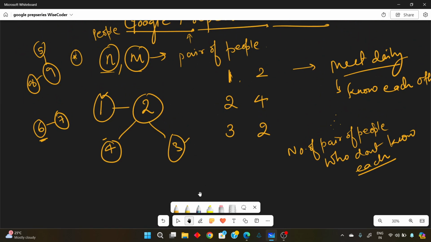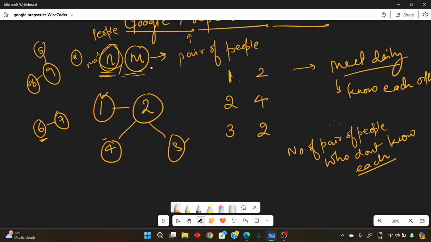Now you need to understand that whatever information is given to you, you can treat as a graph. You are given an undirected graph. Even from the input format, you can understand this: N is the number of people, you can say the number of nodes.